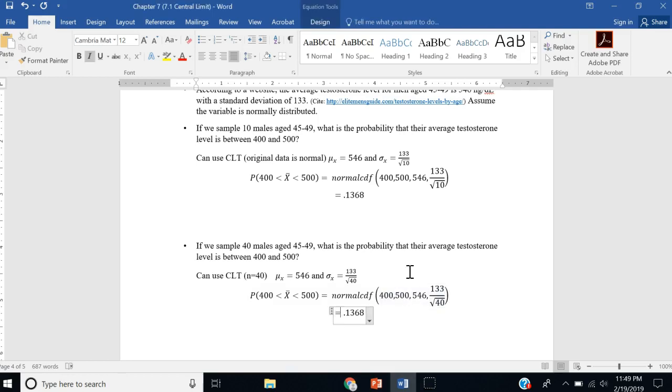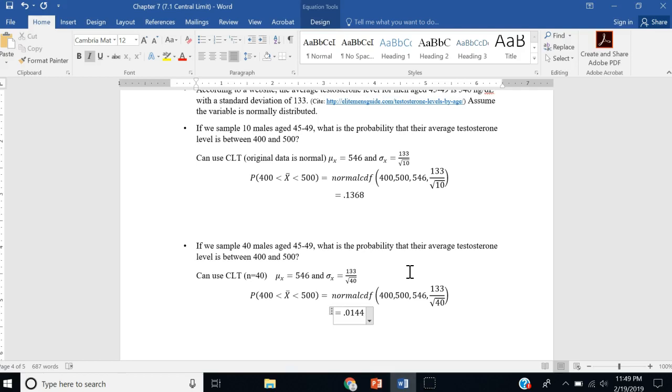And all of a sudden, the chance that you get between 400 and 500 as the average testosterone level in the group is 0.0144.